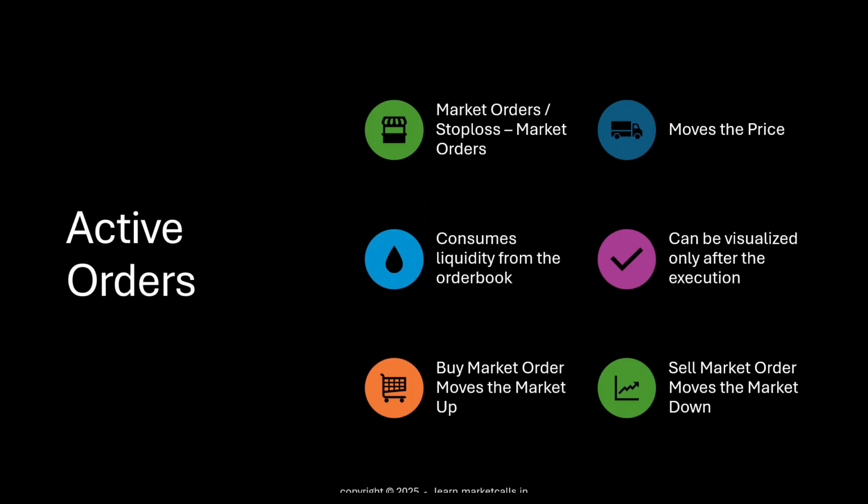Any orders which are visible on your order flow charts are nothing but market orders. A buy market order moves the price action up, and a sell order moves the market down. So in simple terms, market orders create price action, right?